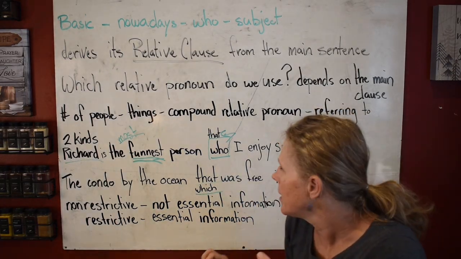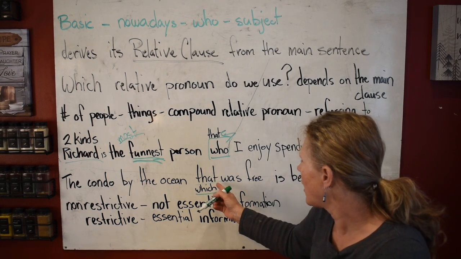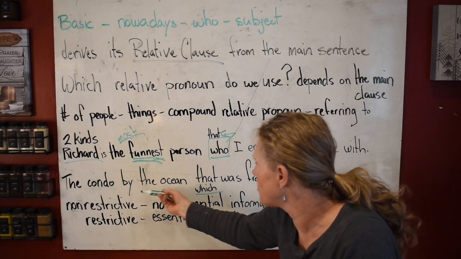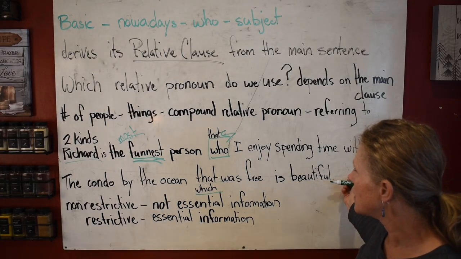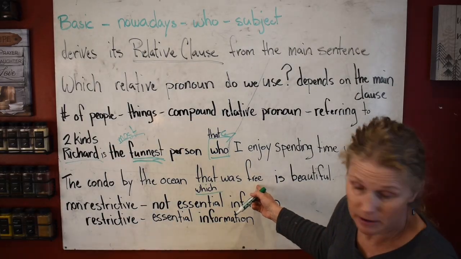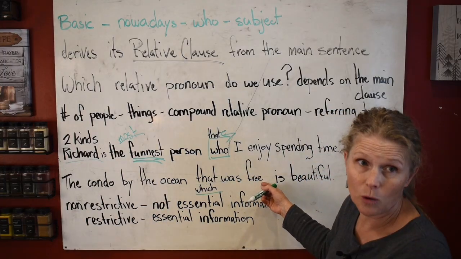Now remember, it sounds fine to say the condo by the ocean is beautiful, but I wanted everybody to know that I received it for free. So part of me says yes, I want that in there.